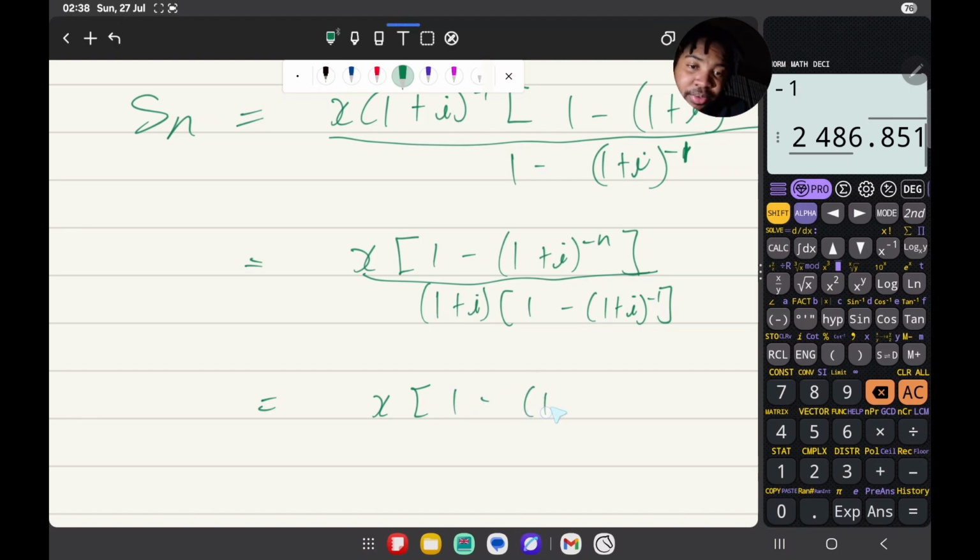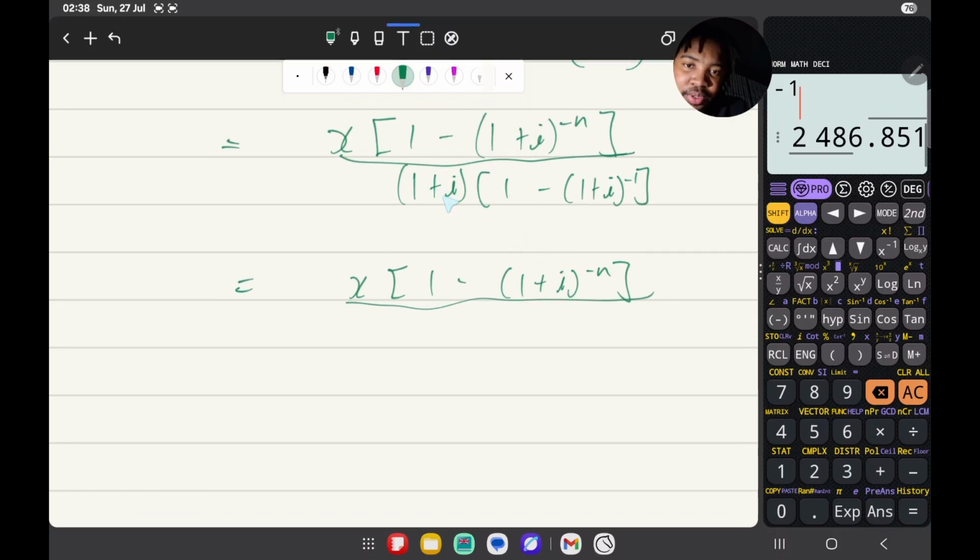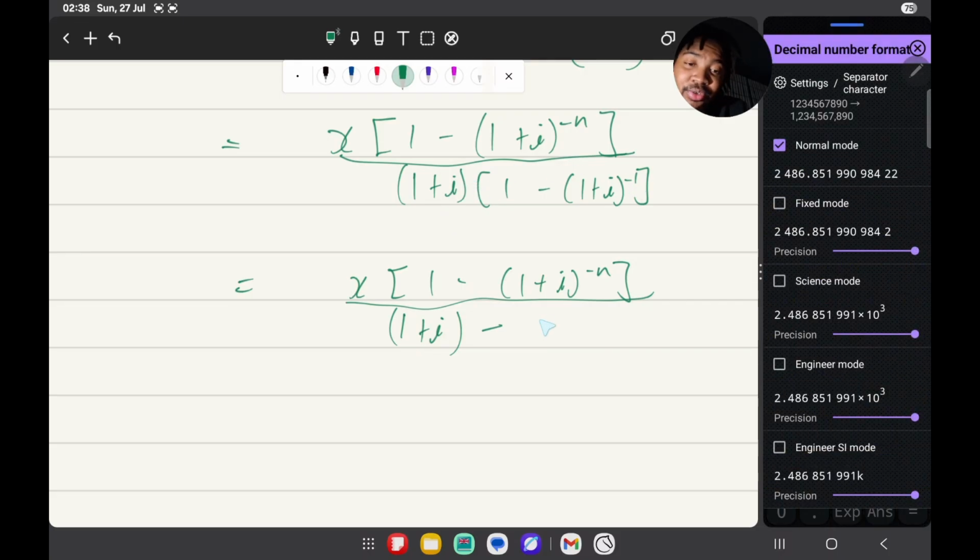The numerator just remains the same. There's nothing further you can do. As for the denominator, this multiplied by that is just going to be 1 + i, and then you're multiplying the same thing with minus 1. When you add the exponents you get 0, so this is going to be 1.